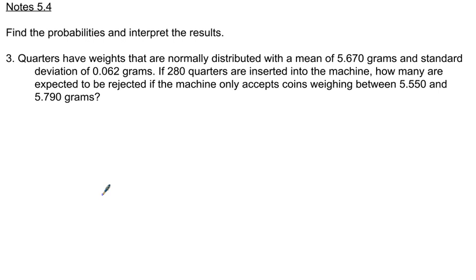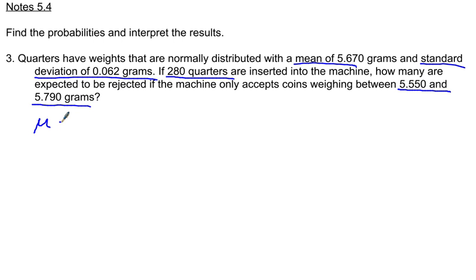And one more problem to look at for the examples here. This time, quarters have weights that are normally distributed with a mean of 5.67 grams and standard deviation of 0.062 grams. If 280 quarters are inserted into a machine, how many are expected to be rejected if the machine only accepts coins weighing between 5.55 and 5.79 grams?